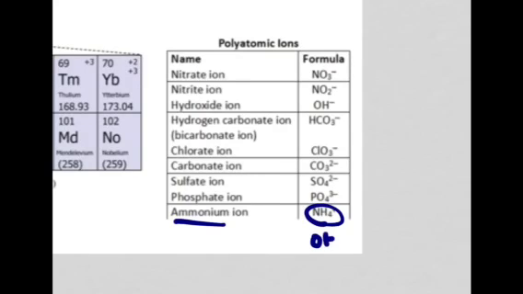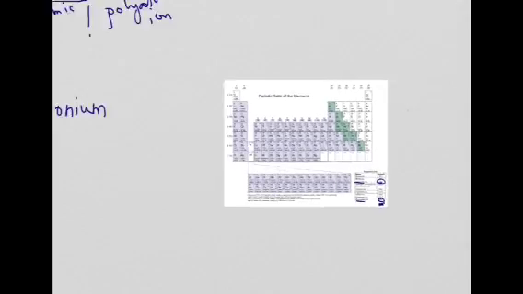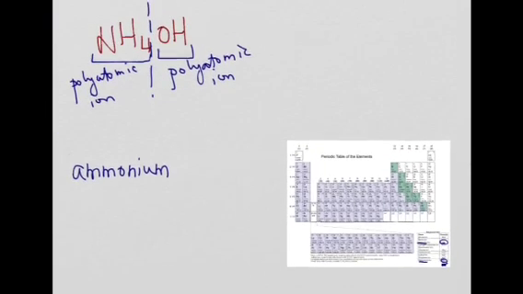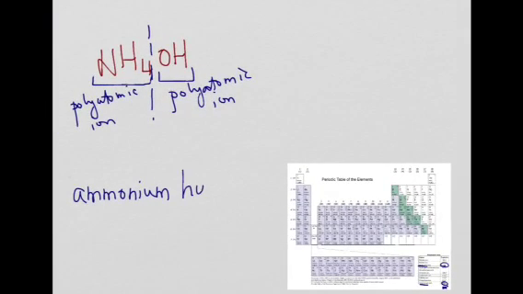This is our hydroxide. Oh wait, no, it's here. So hydroxide. This compound is just called ammonium hydroxide. That's all for naming. There will be one more video to talk about how to write formulas.